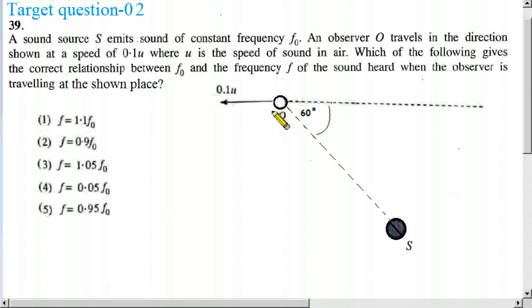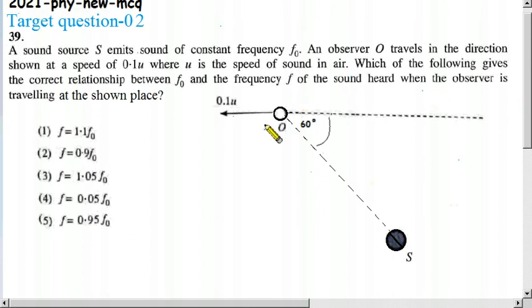In previous problems they had asked when the observer is moving along this line, not a proper place they have pointed out. So here they have pointed out exactly this place. So we have to use the correct equation.